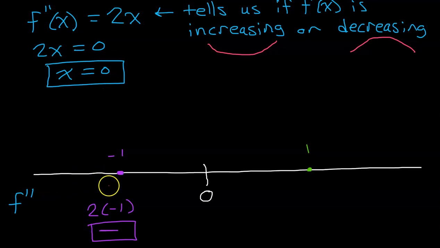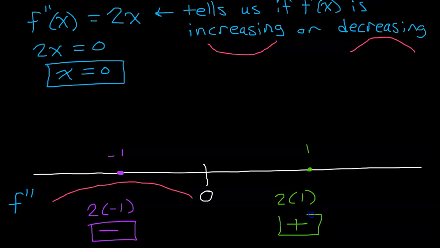So that tells us that in this interval from -infinity to 0, the original function is going to be concave down. Looking at the other interval, we would have 2 times +1, which obviously is going to be a positive value, which tells me that in this interval, the function would be concave up, okay, in this entire interval.